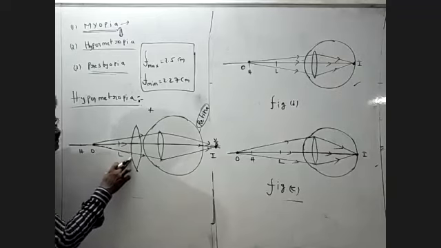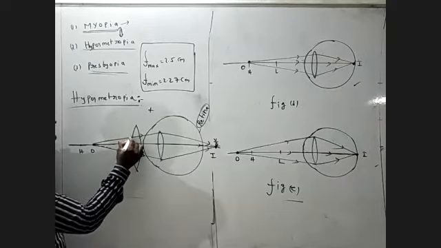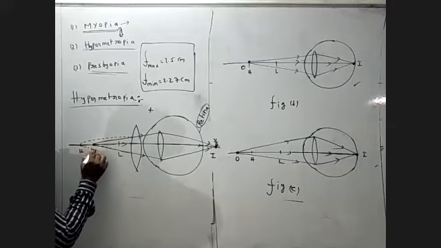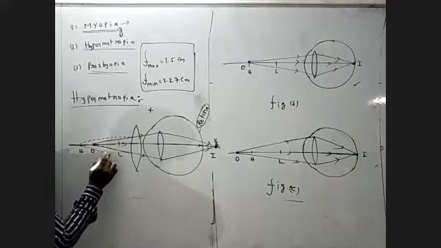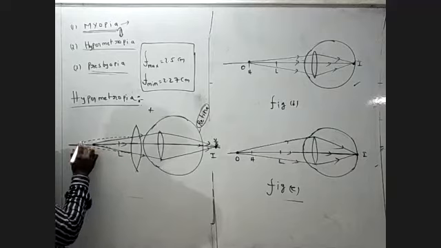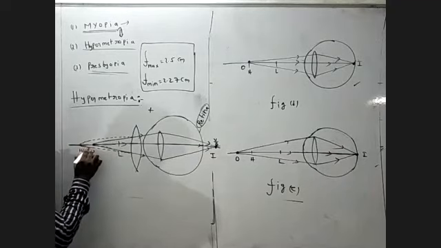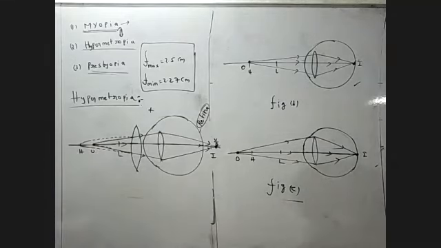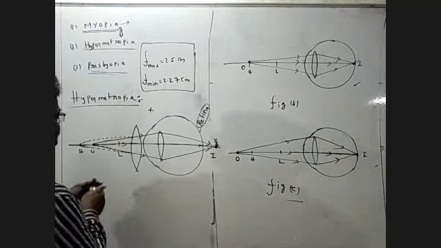The object is very near to the convex lens, which means an image forms. Where is the image formed? The image is formed on the edge.